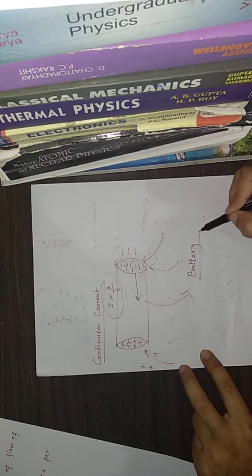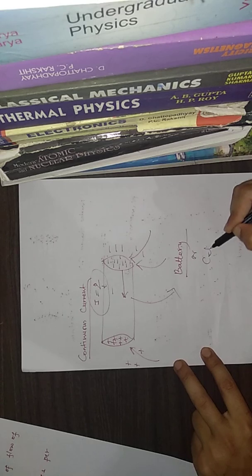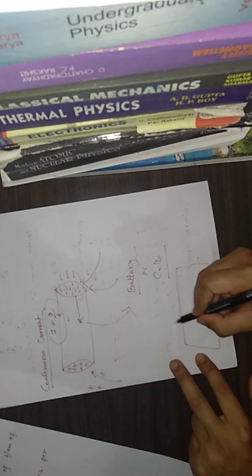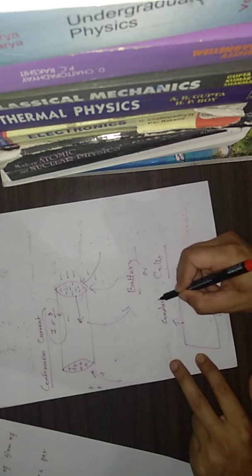So what a battery basically does, or cells basically maintain: suppose you have a cell, and this is your conductor, what is the work of a cell?